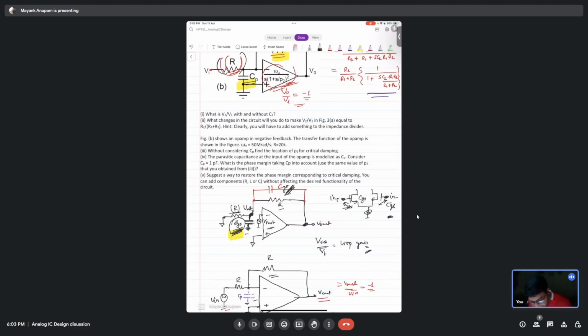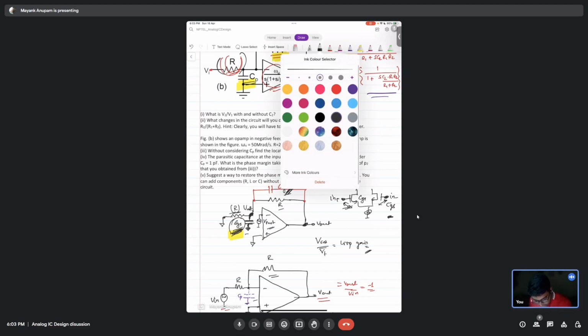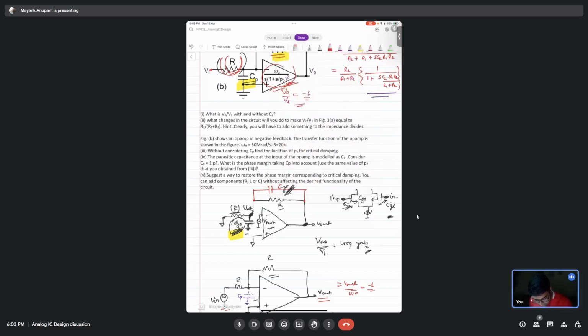Yes, that will be there. That is actually a very important part, and it will also be a very dominant thing. CGD will be there here, and that will be multiplied by the Miller effect. That is indeed present, and that is going to create a lot of problems. Okay, sir. Thank you, sir.